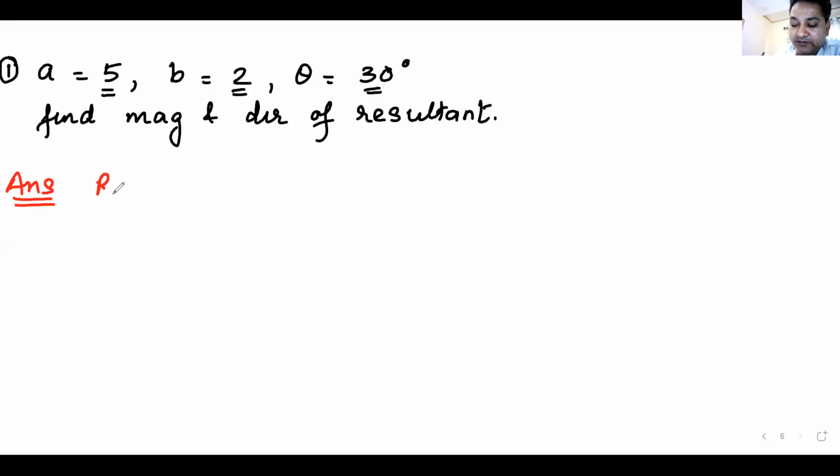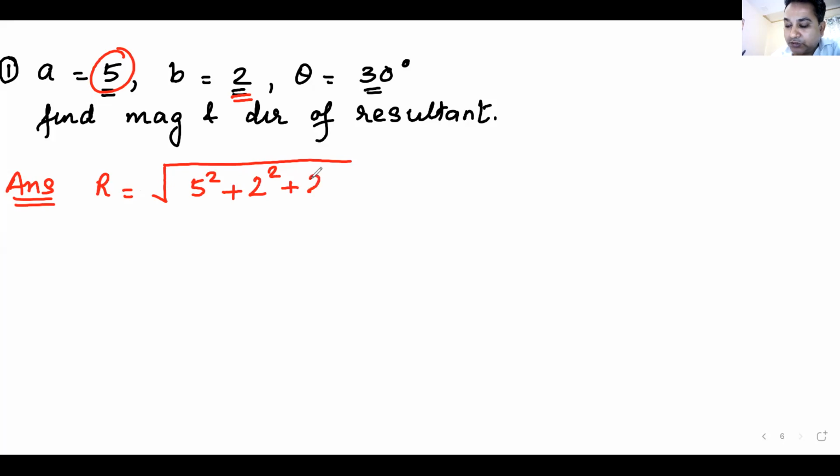So how will I get the value of the resultant? Resultant will be equal to root over A squared, which is 5 squared, plus B squared, which is 2 squared, plus 2 times magnitude of vector A multiplied by magnitude of vector B, so 2 times 5 multiplied by 2 multiplied by cos of 30 degrees.